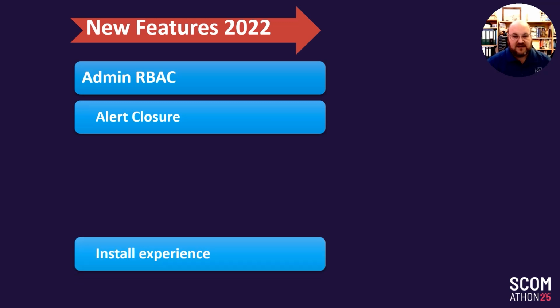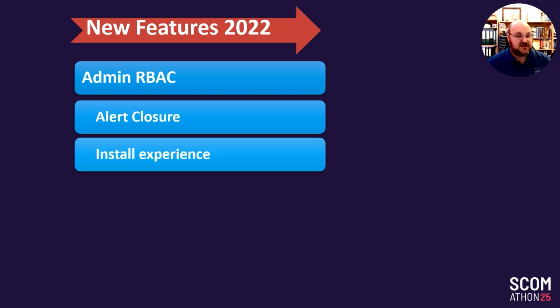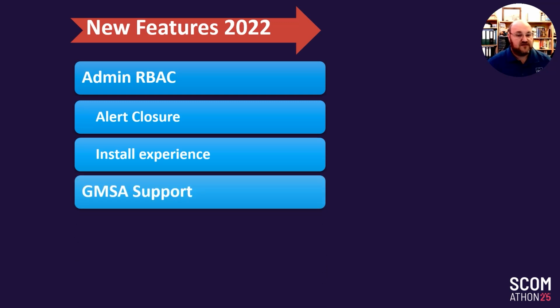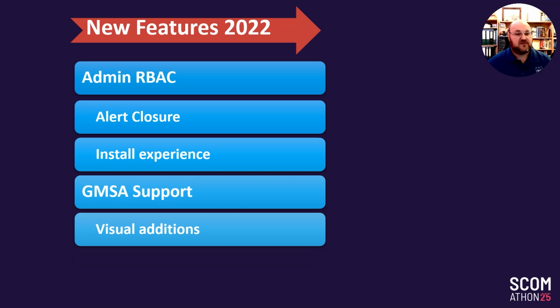For the installations, there have been improvements, especially while deploying to clustered SQL instances for the SCOM databases. In this version, there is also full group managed service account support from the RTM version installer onwards. A number of visual changes have been done to some of the views here and there throughout the product based on requests made by the community.